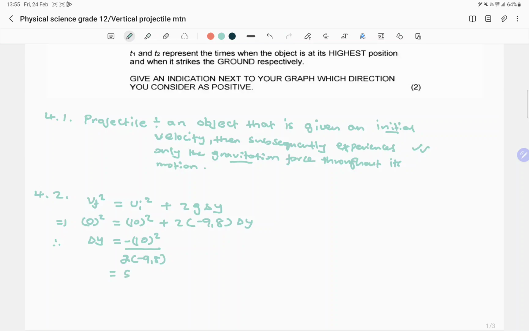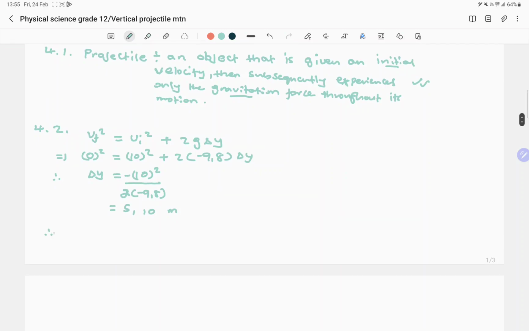So that is 5,10 meters. But this is just a portion, so we can say therefore the maximum height is going to be the height of the building, which is 40, plus the 5,10, which is going to be 45,10 meters. That's it. All right, so easy.